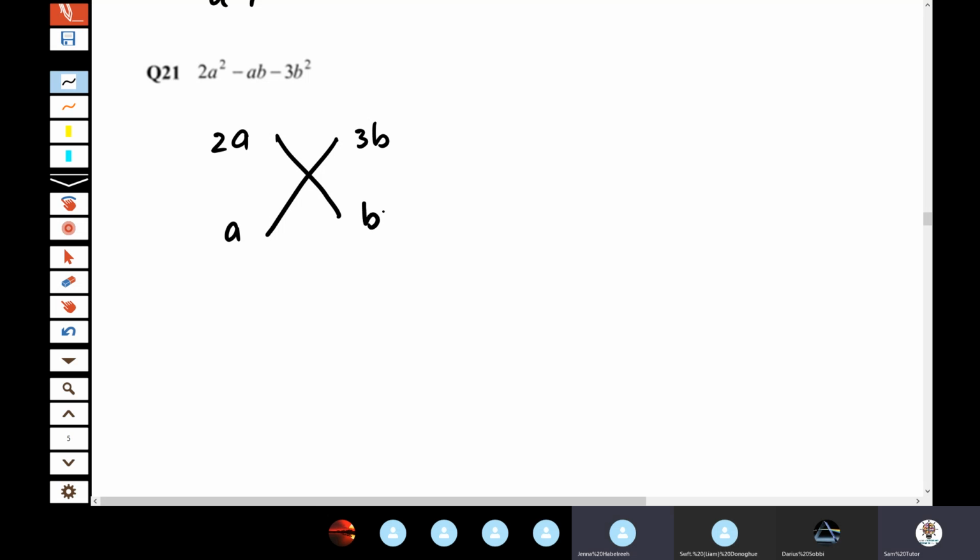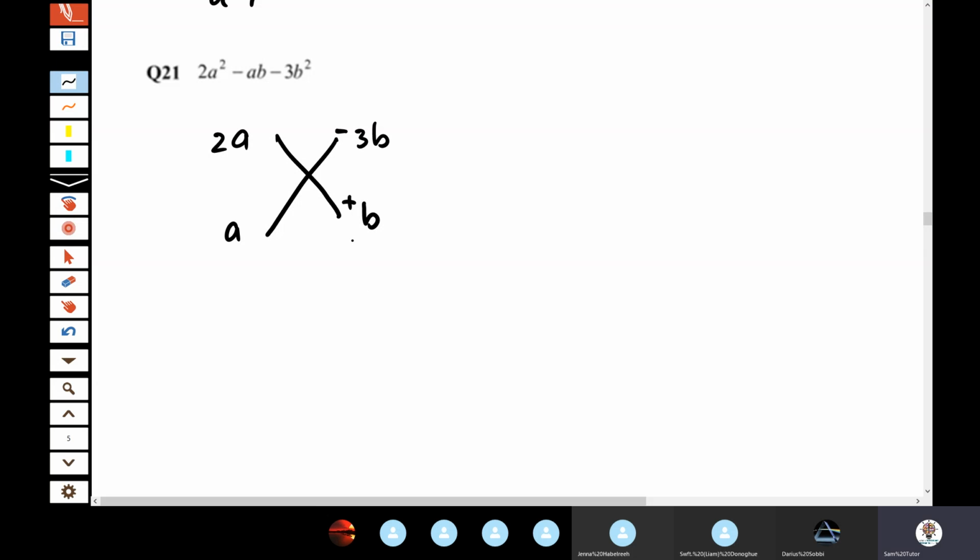And then would 2 and 3, again, look at it, 2AB, 3AB, but again, just look at the numbers. Would a 2 and a 3 ever get you a 1? Yes. And then you want a minus 1. So that means it's got to be negative 3 plus the 2.